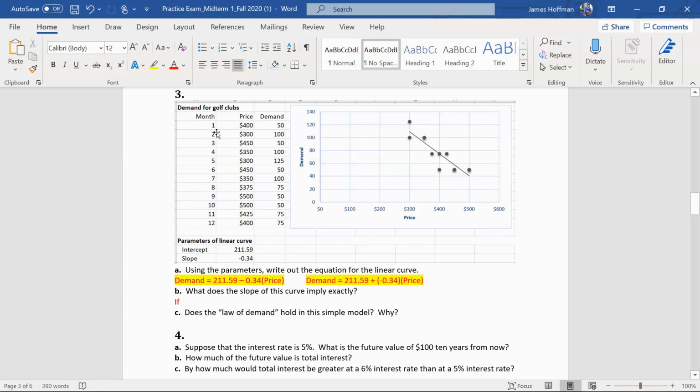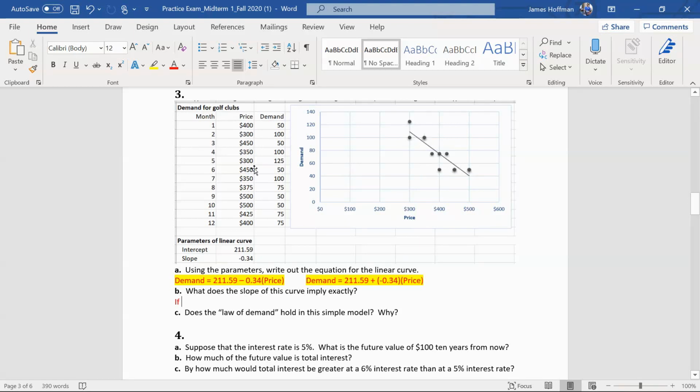This is the price and demand in month 2. This is the actual data. So what we did was we plotted all these points, like 450, which is that one, and we plotted 300 and 100, which is that one. So we plot all these points, price and demand 1, price and demand 2, price and demand 3. So these are all the 12 points, right?